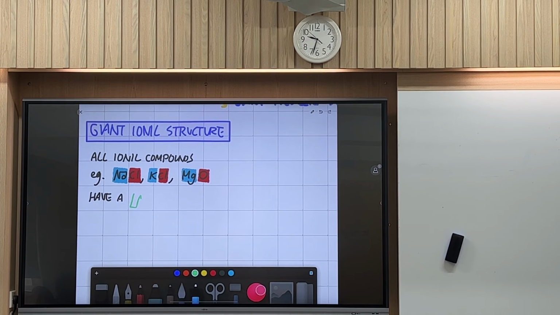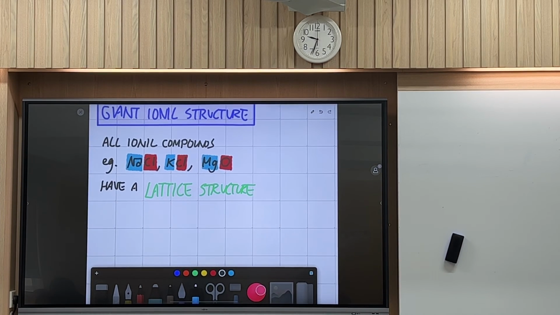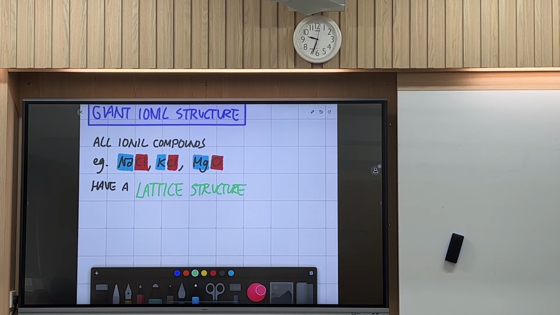Learn a new word today: lattice. It's not like the vegetable lettuce. A lattice structure means a regular arrangement of things, so a regular arrangement of cations and anions, formed by cations and anions.